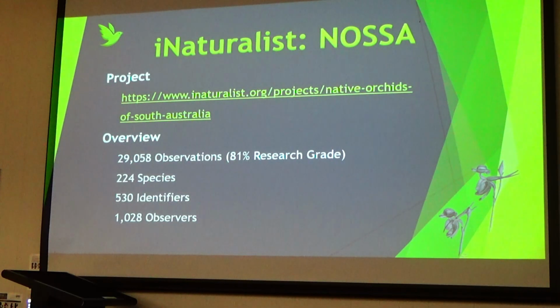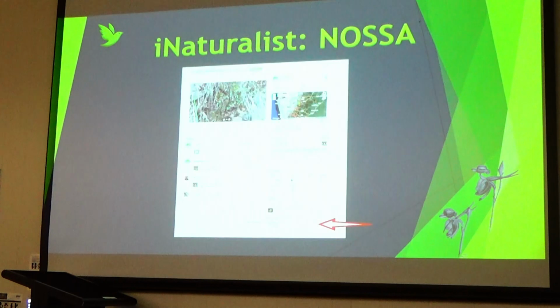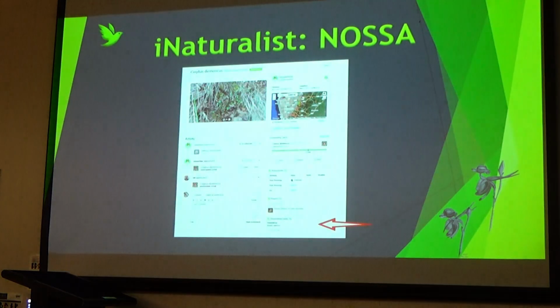But with the orchids, depending upon which taxonomical view you take, it should be more like 350. Probably 300. But as you can see, a lot of observers, there's 1,000 people have done observations, and 500 people, and they may not have been the observers, have come in and helped with the identification. That's how iNaturalist works.